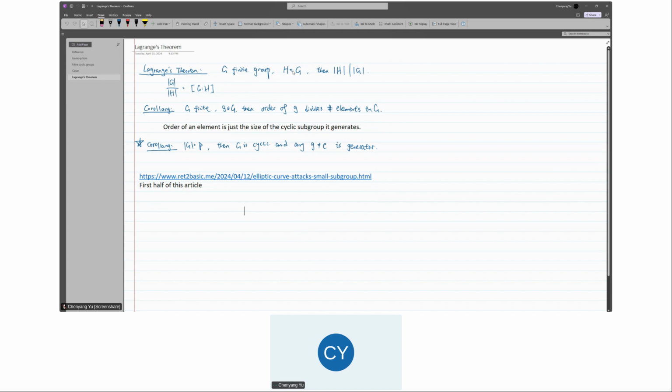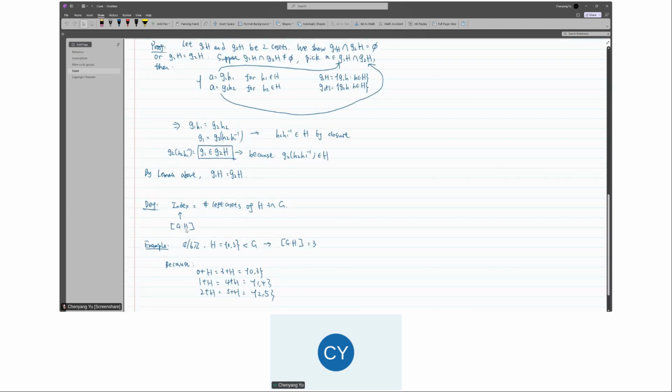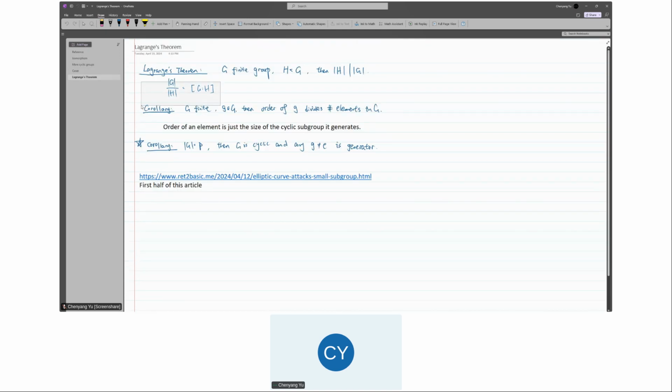It says let H be a subgroup of G, then the order of H divides the order of G. This means the number of elements in H divides the number of elements in G. The ratio, size of G over size of H, is just the index we talked about here. This G colon H is the index, so the ratio between those two is just the number of distinct left cosets.